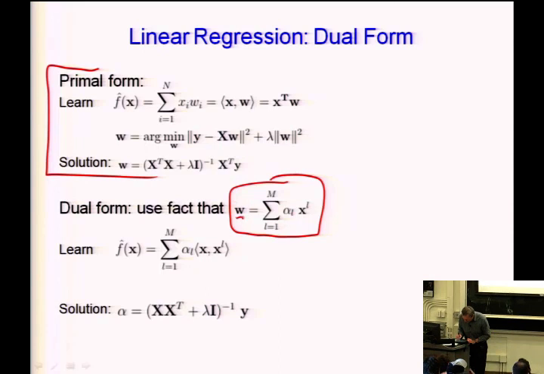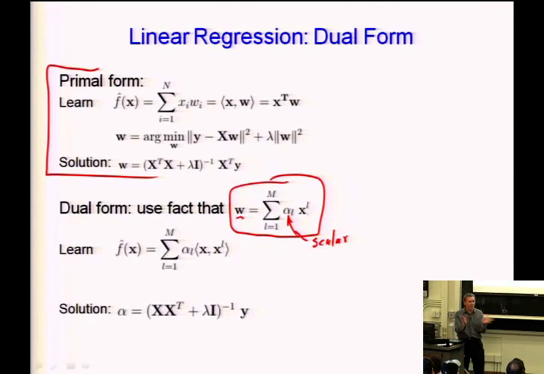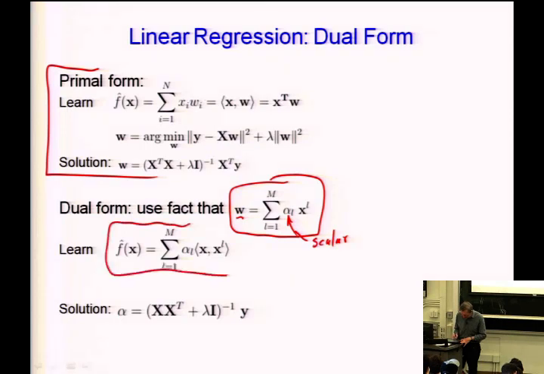Let's say w is the sum over all the training examples of some scalar constant alpha_l times the l-th training example x_l, summing over all of the training examples. So this is just saying that w is a linear combination of those training examples, that it lives in that space. But if we say it that way, then we can re-express the function that we're trying to learn this way.